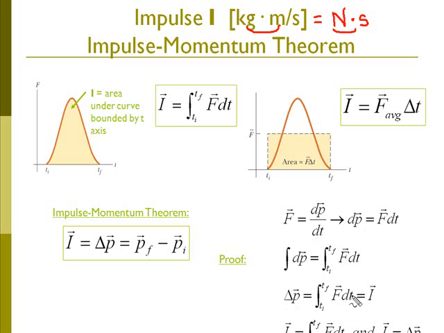The integral on the right, F dt, is merely impulse, the definition of impulse for instantaneous force. And so here we can see that impulse and change in momentum are entirely equivalent. In other words, this is known as the impulse momentum theorem.